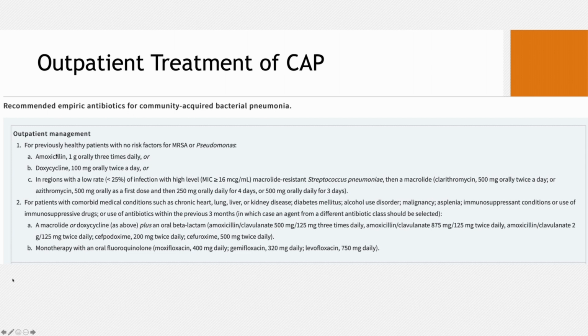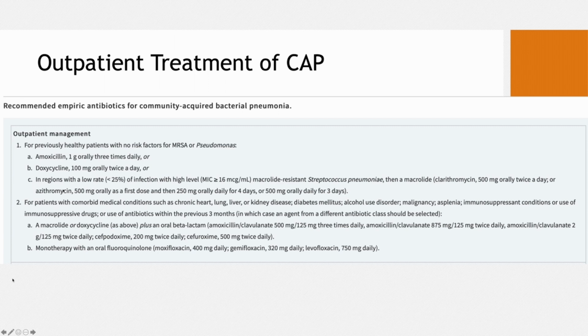What they say here is that for previously healthy patients with no risk factors for MRSA or Pseudomonas, and that have not received antibiotics within the last 90 days, we can give them one of three things. We can give them amoxicillin, we can give them doxycycline, or we can give them a macrolide. But I will tell you, generally speaking, azithromycin is what we give.